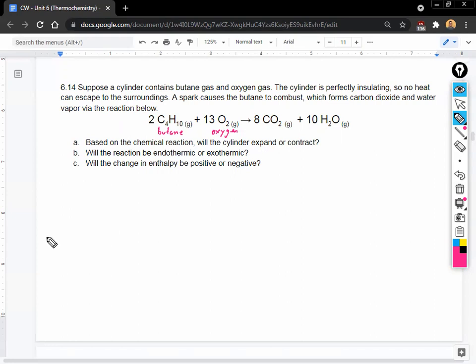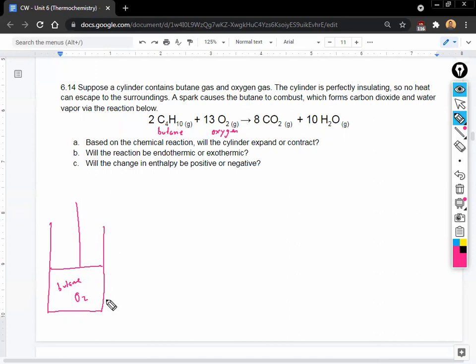So just think about it. You got a cylinder. If any of you guys are familiar with engines, this is how engines work basically. You put your gas in there, and then it's in the cylinder. This is going to contain your butane and then your O2, and then there's going to be a spark, and it's going to combust, and it's going to make carbon dioxide and water. Is the cylinder going to expand or contract?